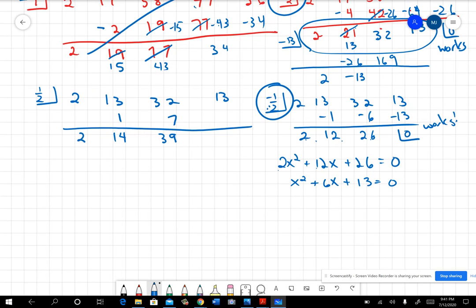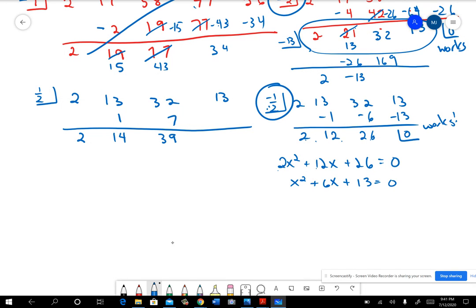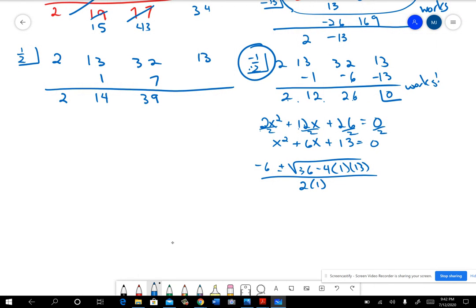Okay, but all I did is I noticed it was even, so I divided everywhere by 2 because I'm allowed to. So if you notice that, you can make it have smaller numbers, but then I can see I need to use the quadratic formula. So that's what I'm going to do. Okay, and the quadratic formula you need to be really good at. We worked at that at the start, and then synthetic division. And if you can do those 2 things, you're home free.